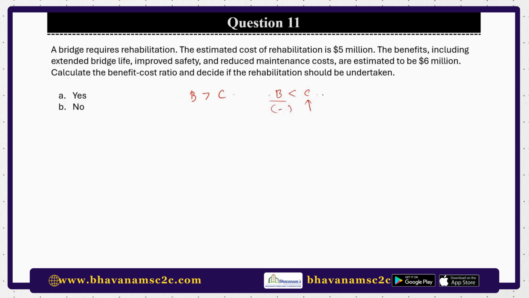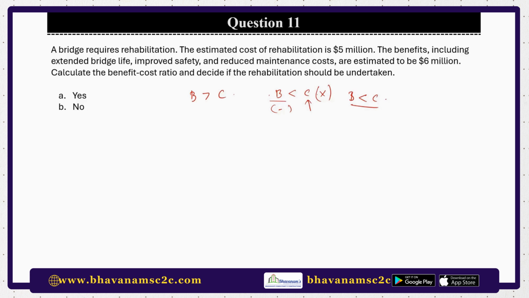Then the project will go into losses. In general, as a contractor or as a money maker, you don't choose a project in which benefits are lesser than cost. I'll take you through the handbook once again.